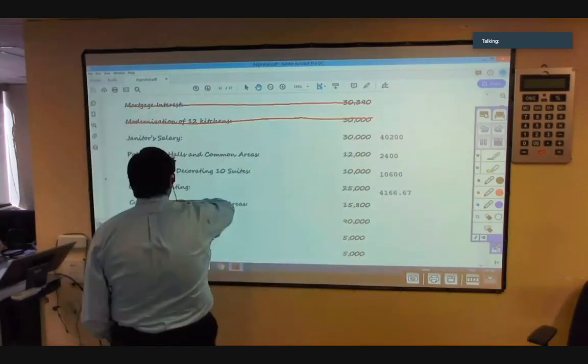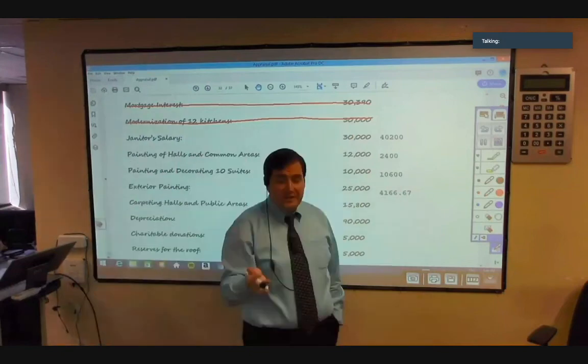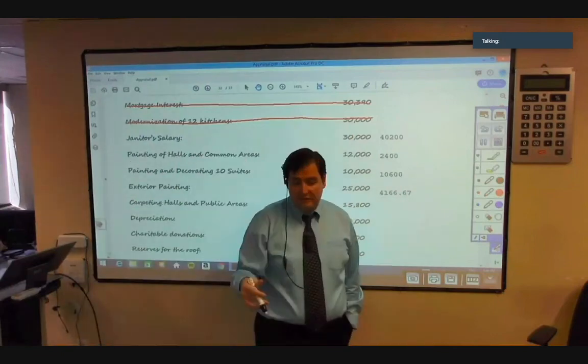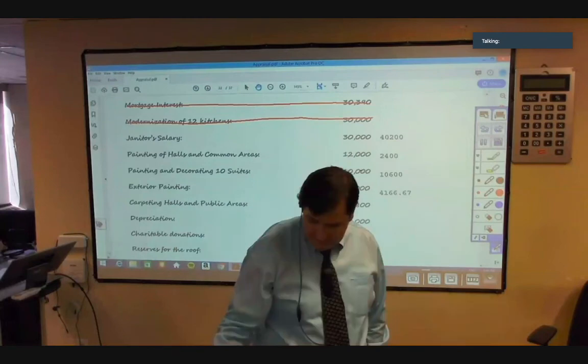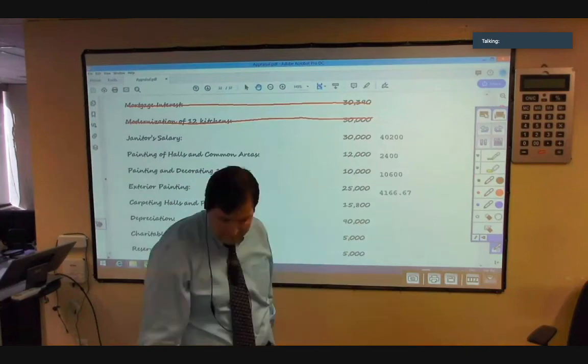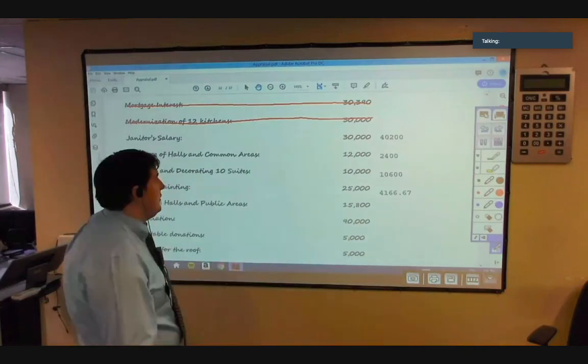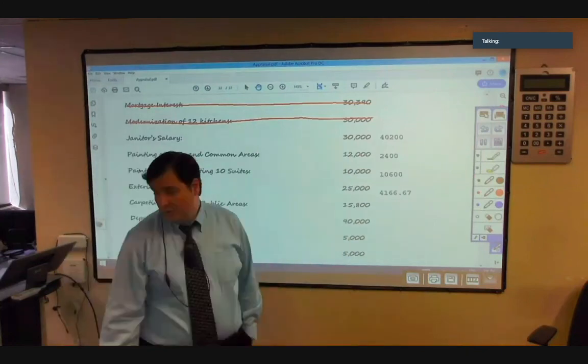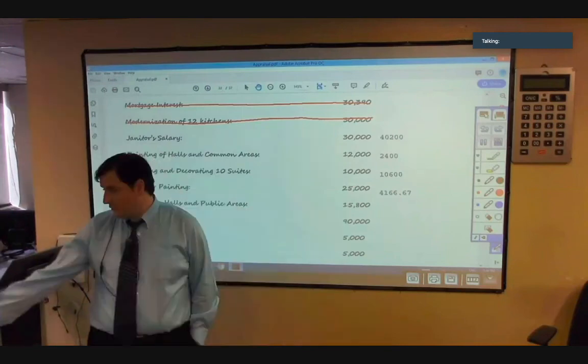Janitor's salary you have to include, but the janitor gets a free unit. If you go to the next page, go to point F and read what point F is saying. Who wants to help me here? You want to read the F?